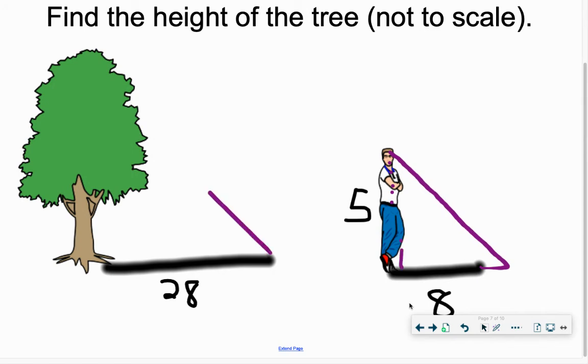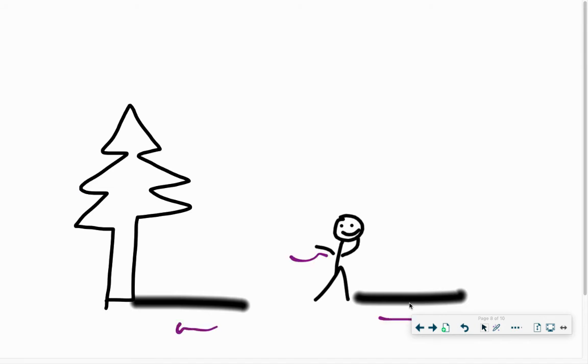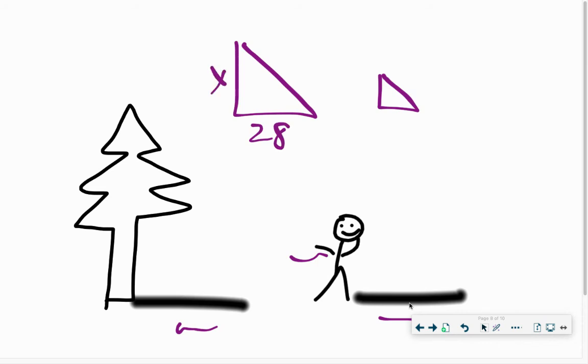Notice how we've got two different triangles. So when we talk about it, you could draw these in and then do the same thing I just did and then fill in your numbers. Or you could literally just draw your triangle, draw another triangle and talk about, okay, here's a tree of some height and a person who's 5 foot tall with 8. Now you see the triangles.